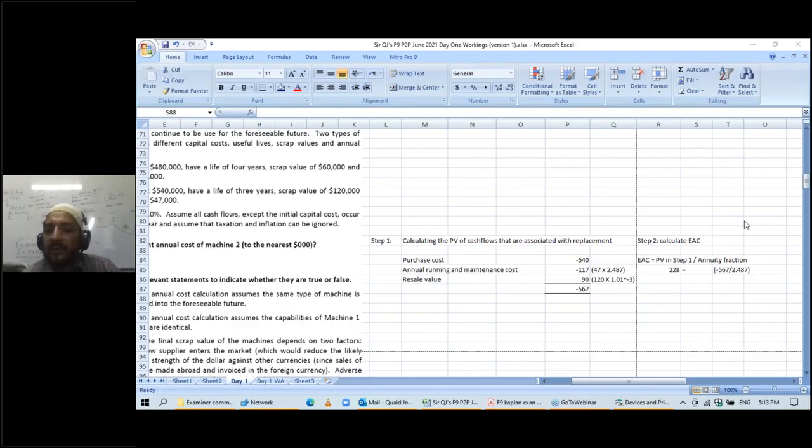2.487 is the annuity fraction. You can use this fraction: 1 minus (1 plus R) to the power minus n, divided by R. This is known as the annuity fraction.